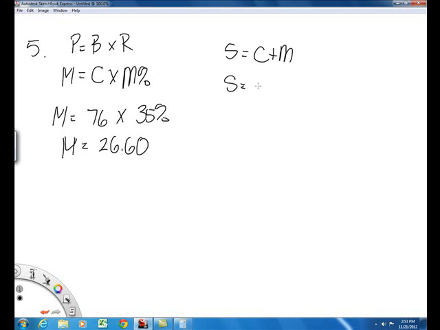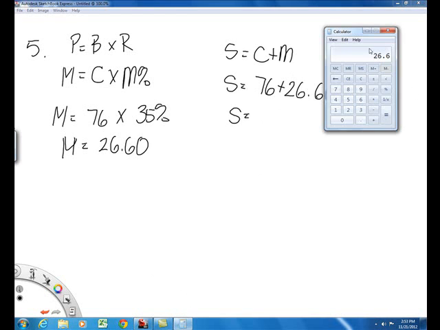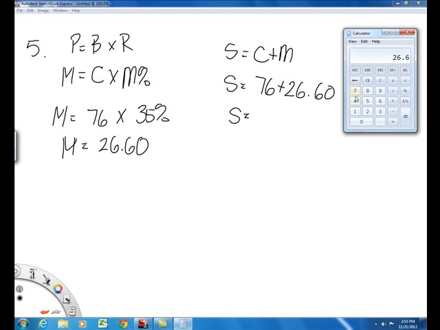So my selling price will equal, if my cost is $76 and my mark on amount is $26.60, that puts my selling price at $102.60.